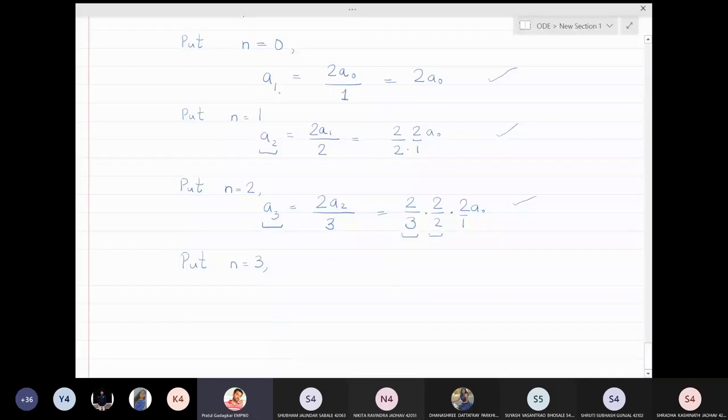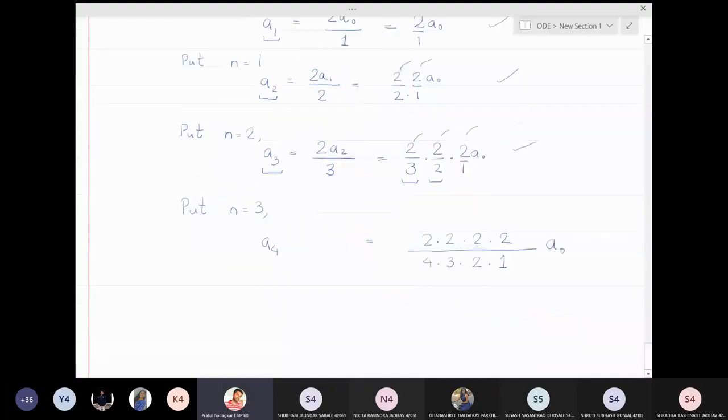If it is a_1, there is 2 upon 1. So if it is n equal to 3, I will get a_4 equal to, the denominators will now have 4, 3, 2 and 1 pattern a_0. And what will the numerators have? All the numerators are 2. So you'll have a 2, a 2, a 2, and a 2.